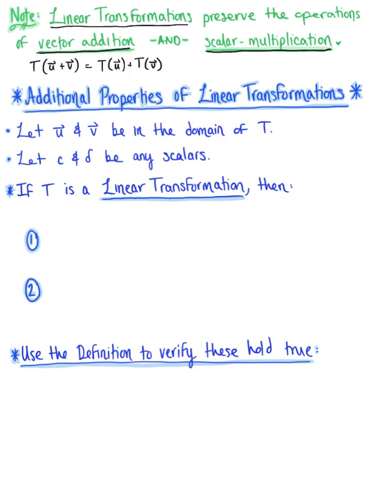That was the second property, where the image of the scalar multiple c times vector u under the action of T is equal to the scalar multiple of that image.